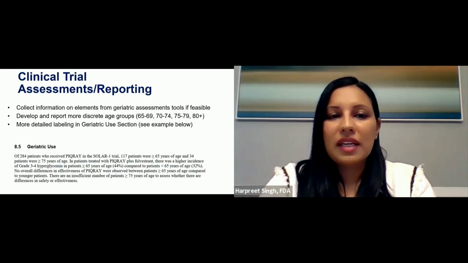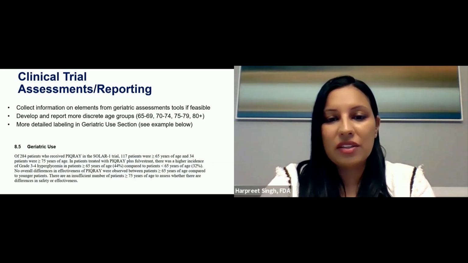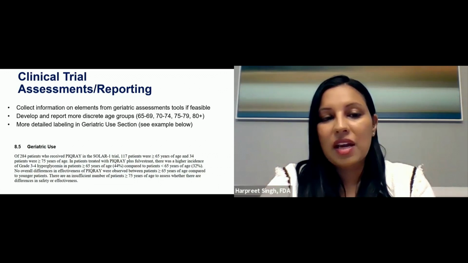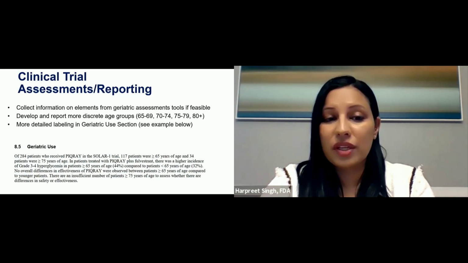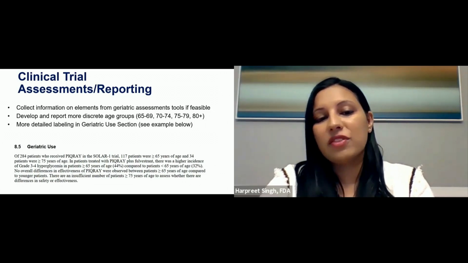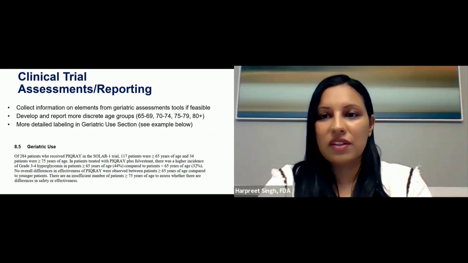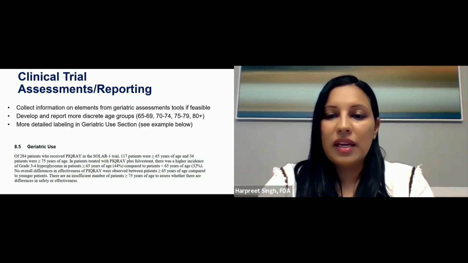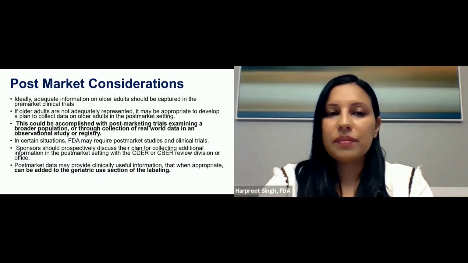We also are asking for more detailed labeling in the geriatric use section, and here is an example of a recent breast cancer approval in which there were higher rates of grade 3 to 4 hyperglycemia in patients over 65. And of note, there were not enough patients over 75 in the trial to make adequate assessments.